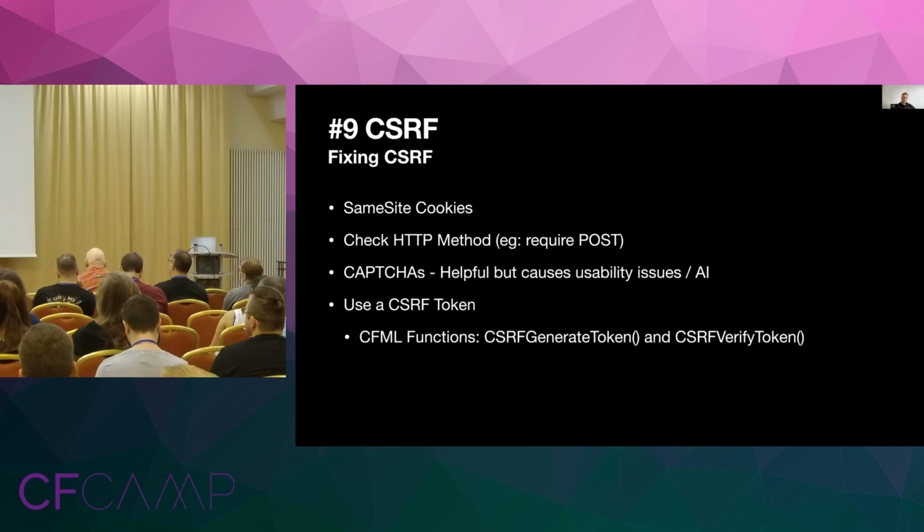Maybe you want to require a POST for certain types of operations in your application, and not allow them to work over GET. CAPTCHAs could be a solution, but those have their own usability issues and can be defeated with AI these days. CSRF tokens are also a good solution. There are CFML functions, CSRFGenerateToken and CSRFVerifyToken, that you can use here.